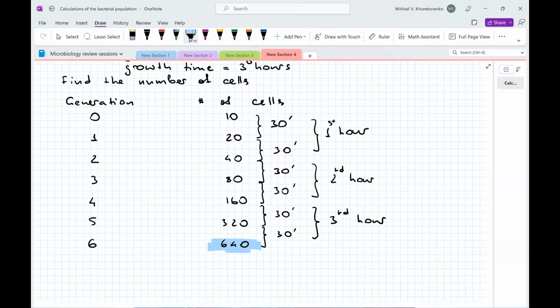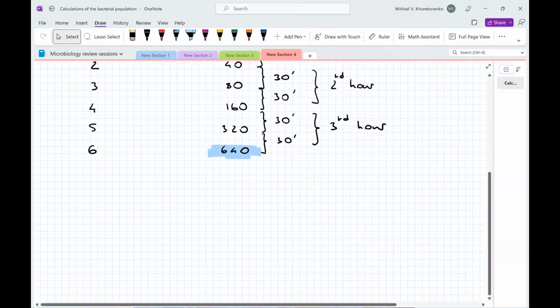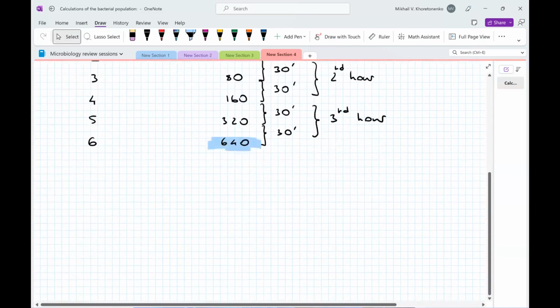So for generation time, you're essentially using a very similar approach. You just consider it in a slightly different way.